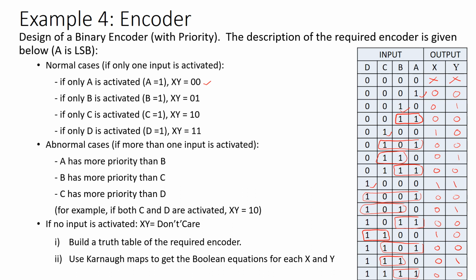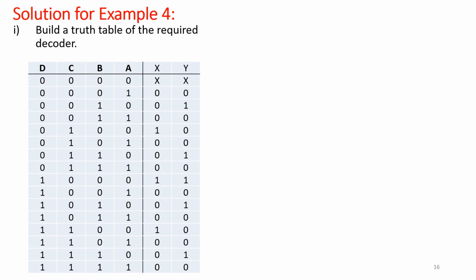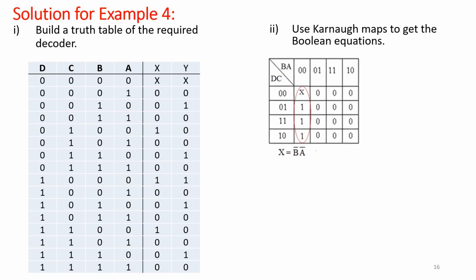Then we need to get the Karnaugh maps to obtain the Boolean expressions for each X and Y. So from this truth table that we built just now, we can get the Karnaugh maps to represent the Boolean equations. And we get this first one where X equals B bar A bar.